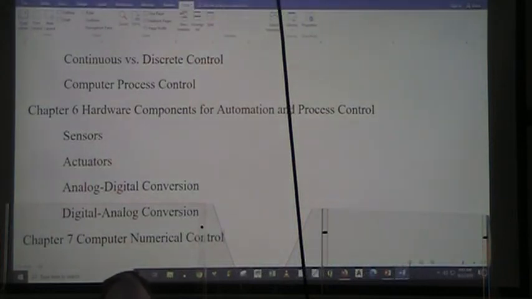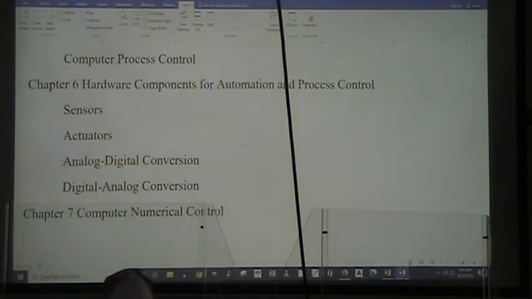All right, computer numerical control. Right, I need you to have an idea of how computers and numerical control work.